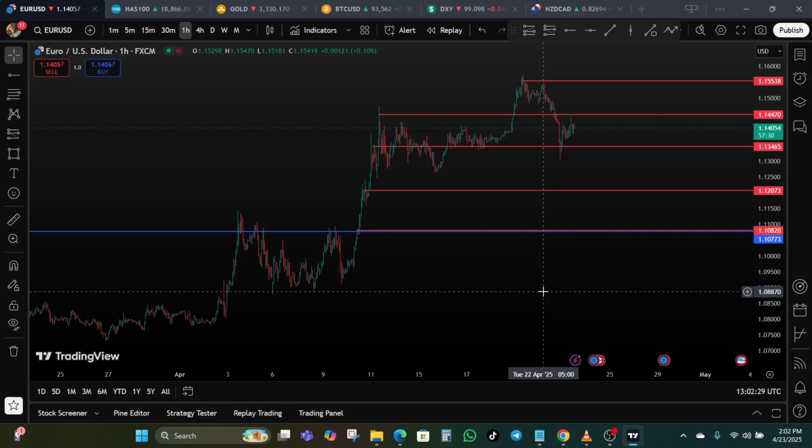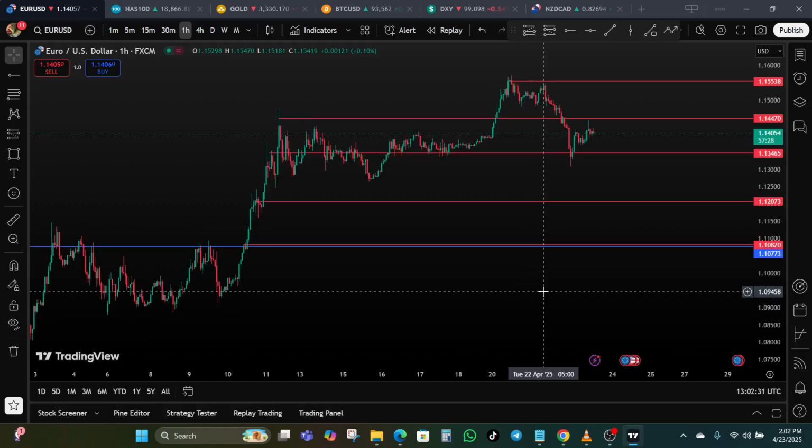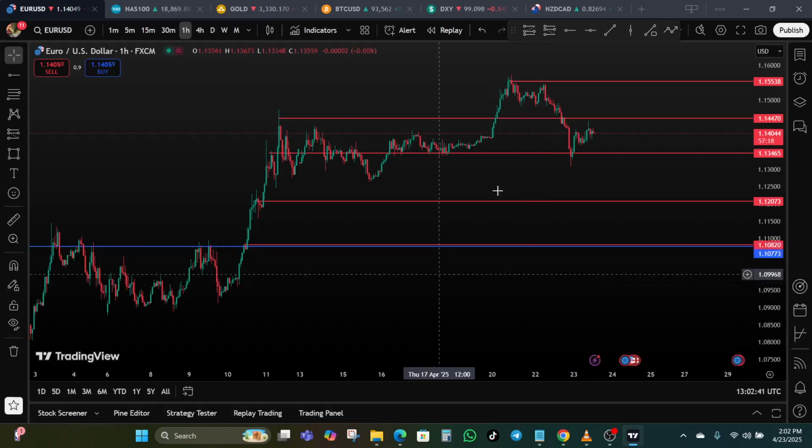All right. So that is the reason why, in as much as martingale can be very profitable, it is very, very risky at the same time. The deeper you go, the more price goes against you, the bigger your position size becomes, and the faster your account can blow up.